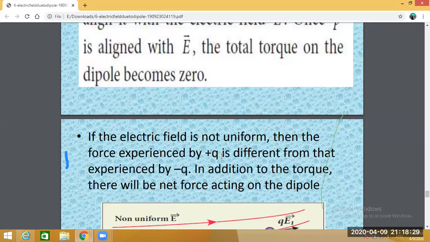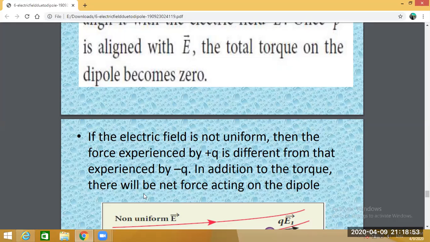translational motion produced in the dipole as well as rotational motion in the dipole. So when an electric dipole is placed in a non-uniform electric field, it will have two kinds of motion associated with it. One is rotational and the other is translational.